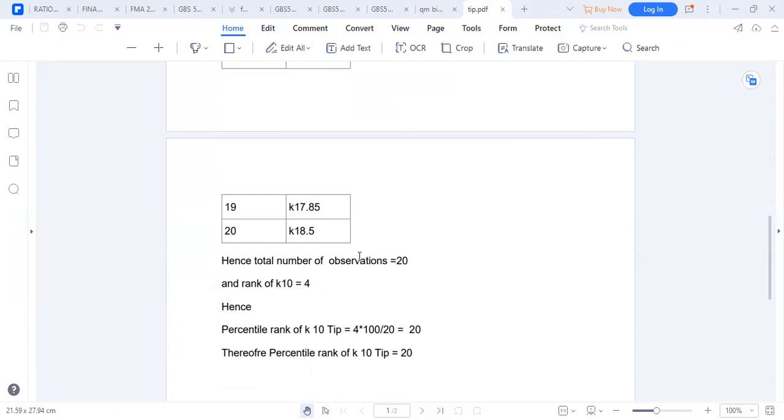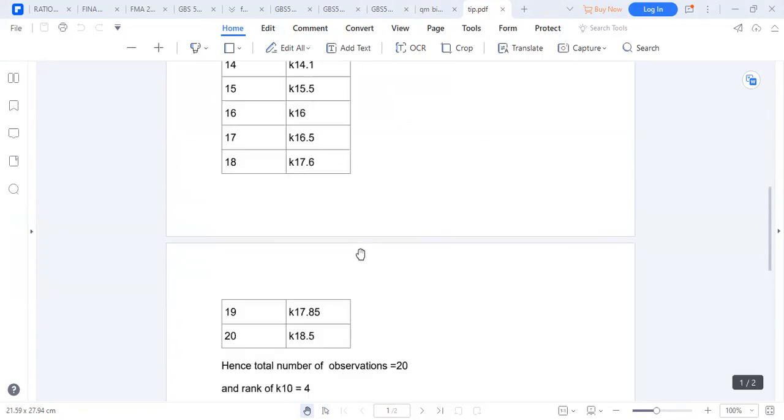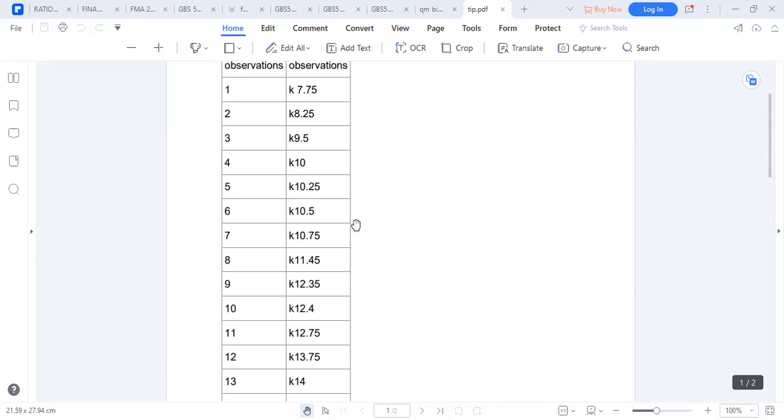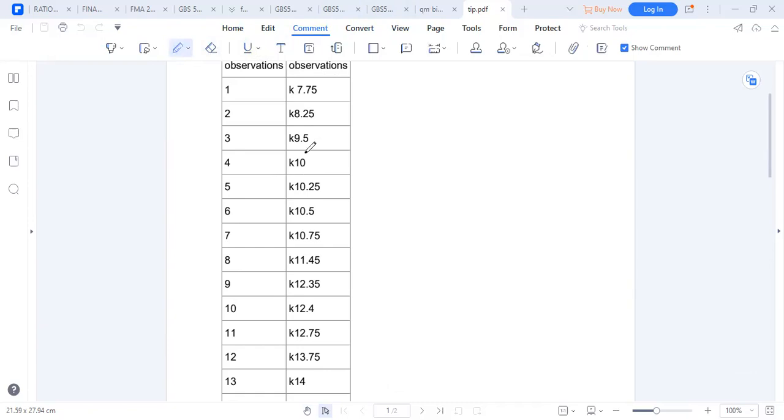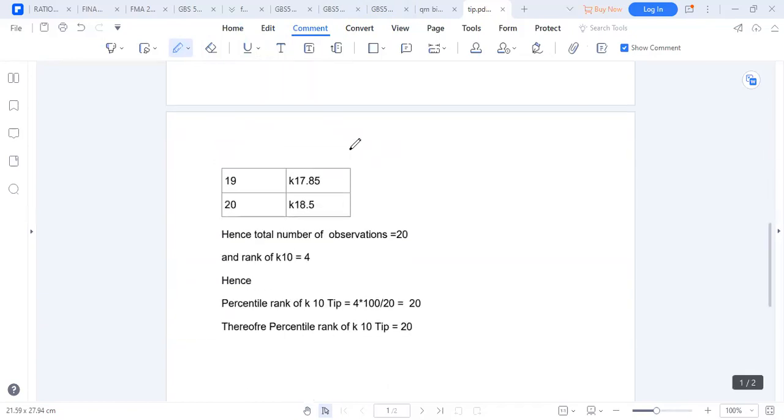So we need to rank the 10th tip. Tip number 10 is here. To calculate the percentile, it's the 4th position over 20. So 4 over 20 will give you the 20th percentile, 20%.